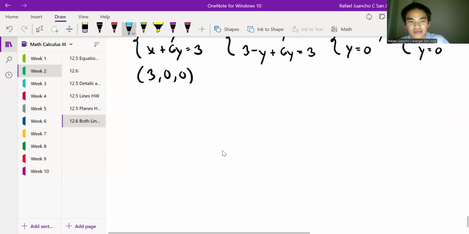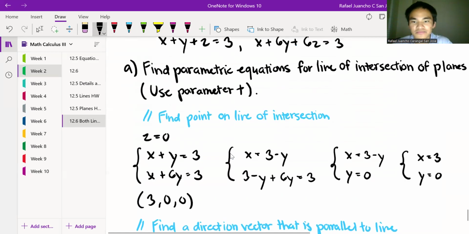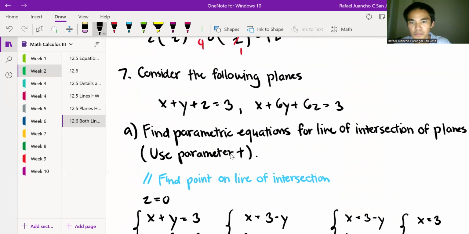Now we want to find a direction vector that is parallel to the line. How do we do that? Well, what's the relationship between these planes?